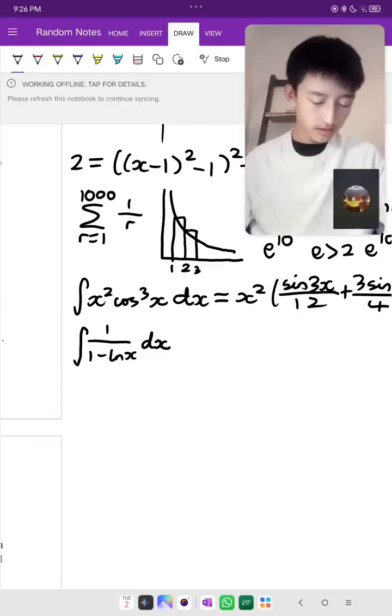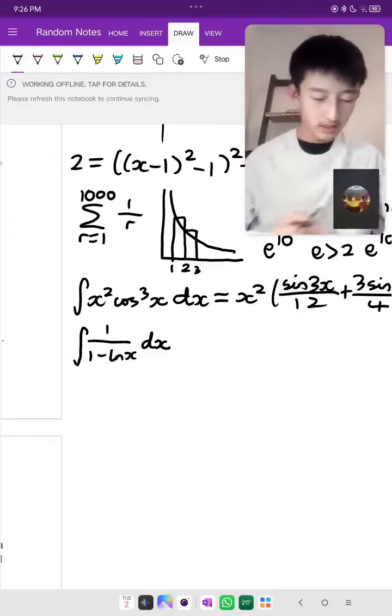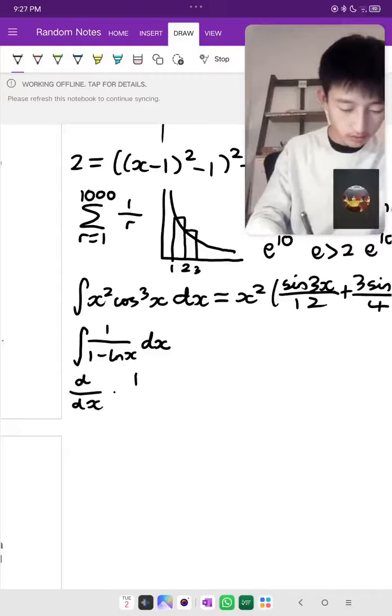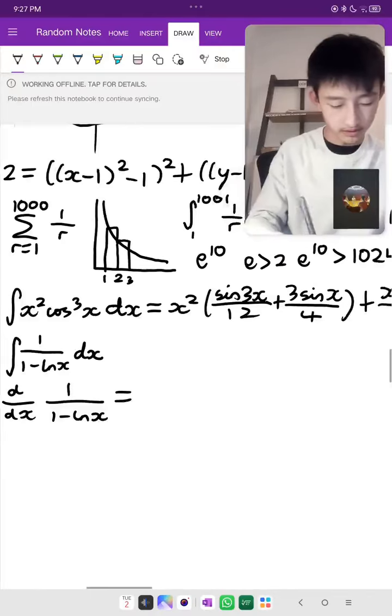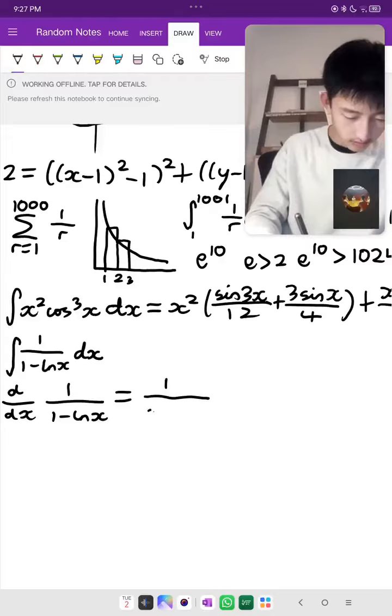I may want to try integrating this by parts with 1 times this. Let's see what happens if I differentiate 1 over 1 minus ln x. Then this is, of course, 1 minus ln x to the minus 1. So, okay, I believe it should be 1 over x, 1 minus ln x, all squared.